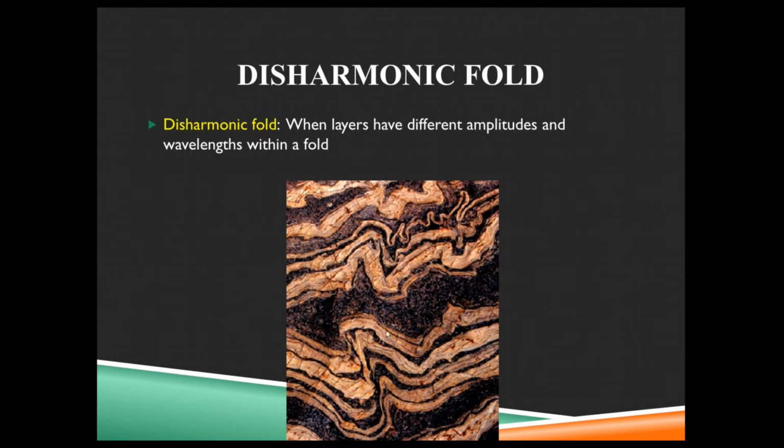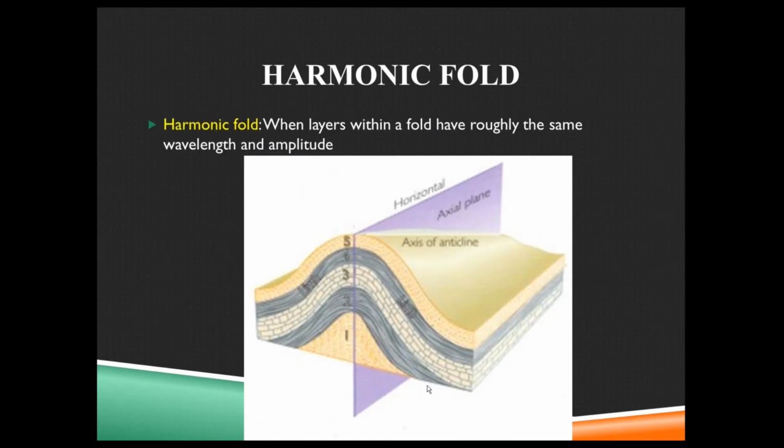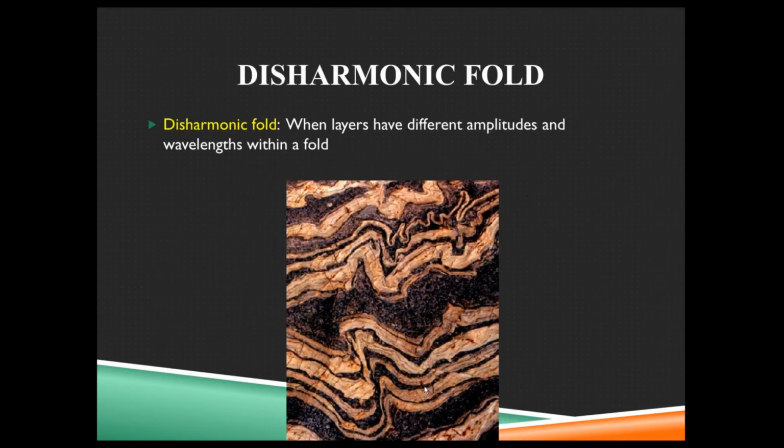At the bottom of this image, starting to approach harmonic, where these folds at the bottom here are reasonably similar to each other, but not quite as pretty as in the drawing, which isn't a surprise, as real life isn't as precise as the drawings. But so this is disharmonic, especially up at the top.